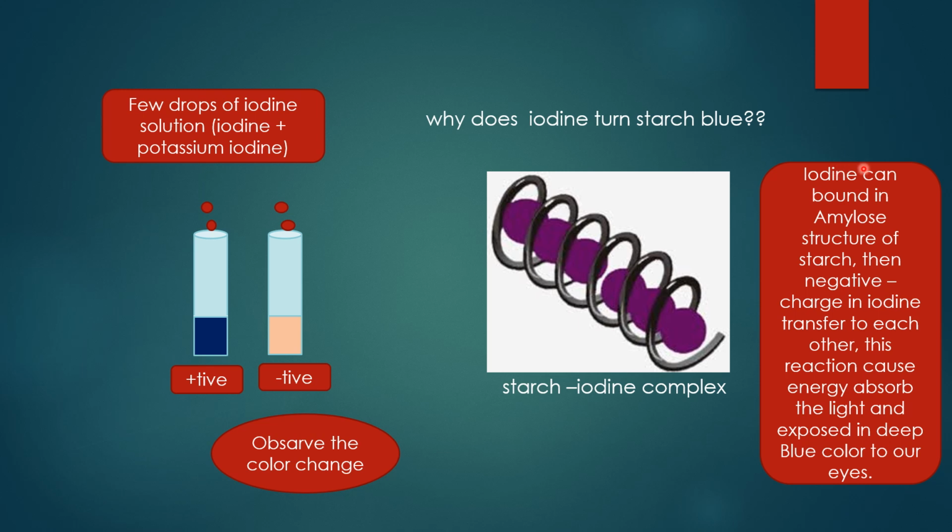The iodine can bond in the amylose structure of starch, then the negative charge in iodine transfers to each other. Okay, this reaction causes energy absorption of the light and exposes a deep blue color to our eyes.